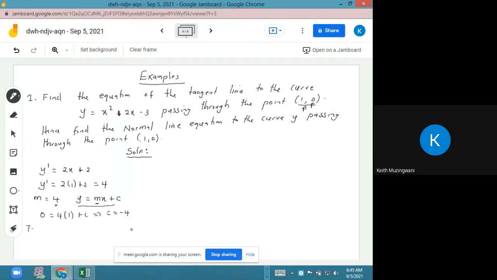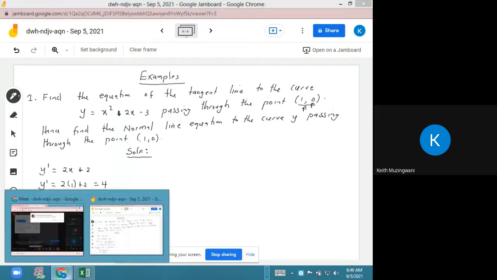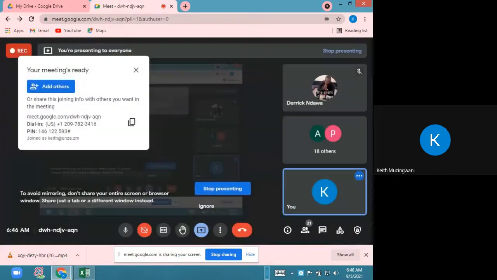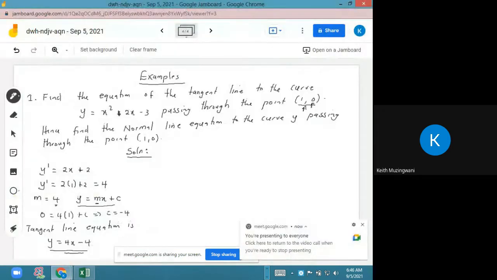So the tangent line equation is y is equal to 4x minus 4. We are done. For a tangent line, it's very, very easy.